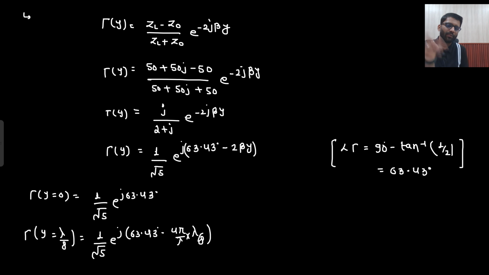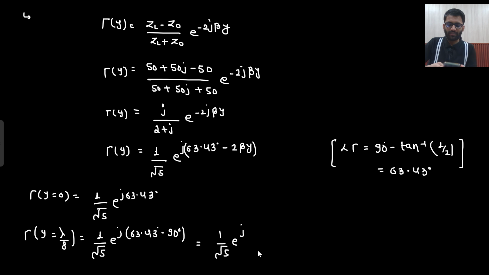So what this would be? This would be pi by 2, or directly I can write 90 degree. Right? So what you are going to get? 1 by under root 5 e to the power j 26.56. Although it is an easy calculation, I don't trust myself, I trust the calculator more. So this is at lambda by 8.